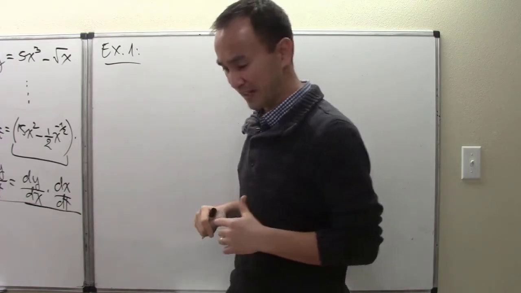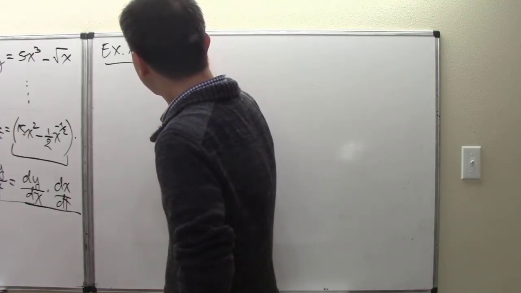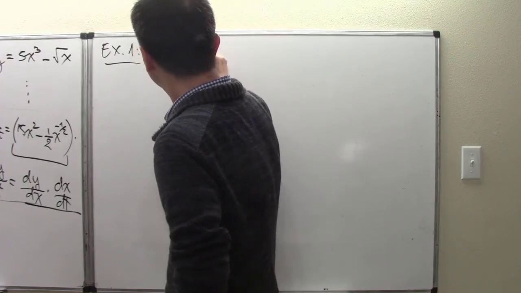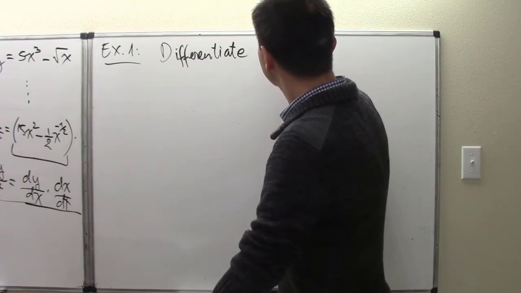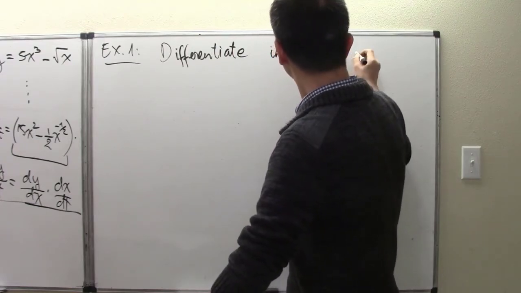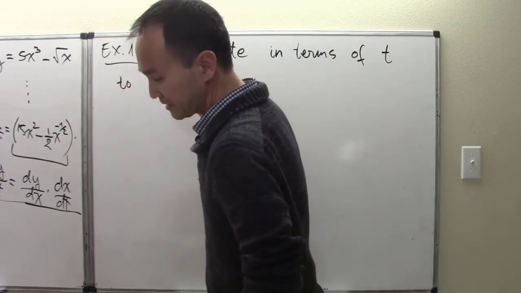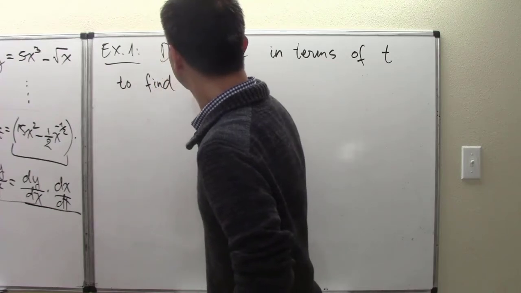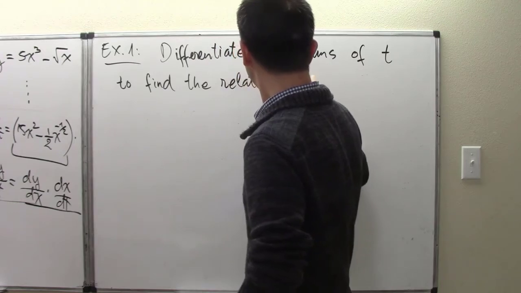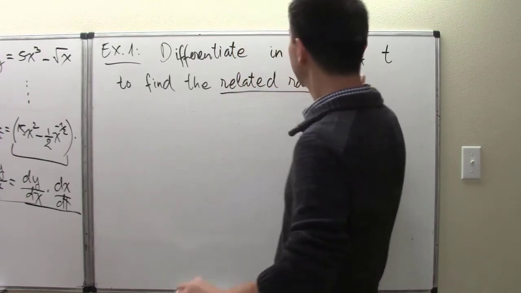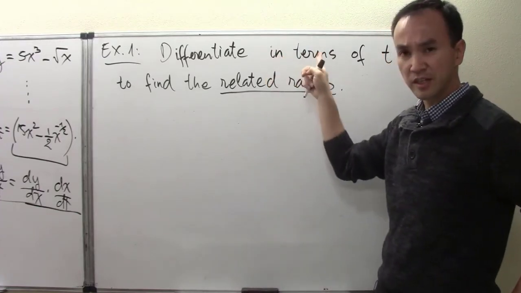So here's the worded instruction of our example: let's differentiate in terms of t to find the related rates. Allow me to underline that term, related rates. So we want to differentiate in terms of t.